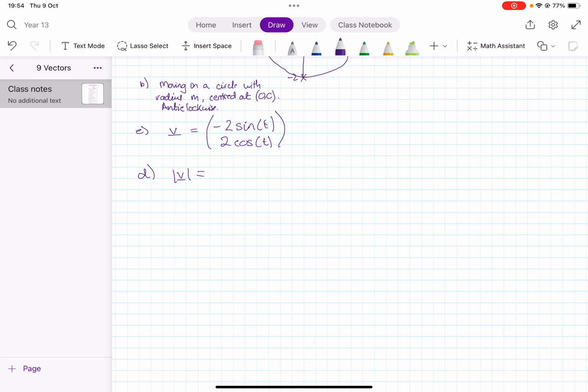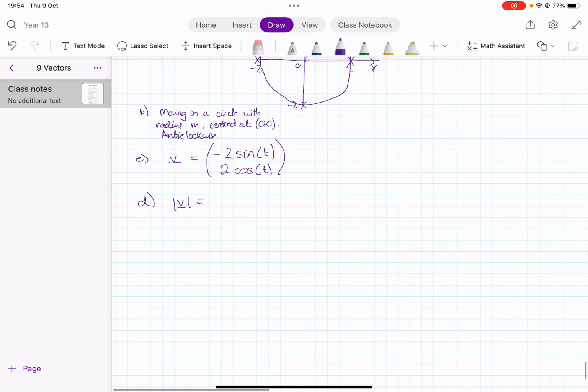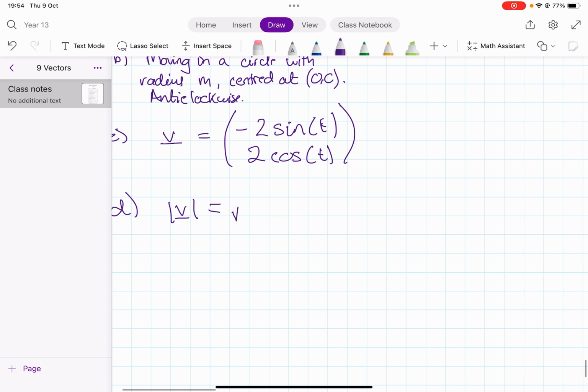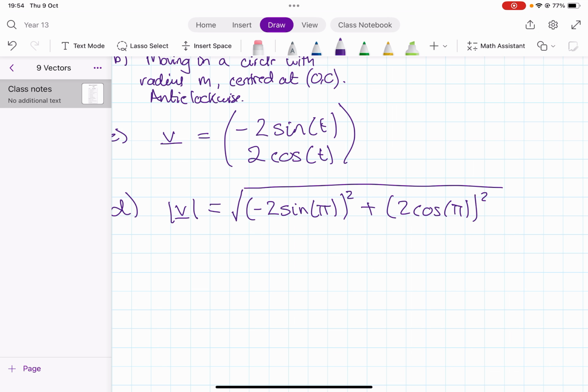I would like time to be pi. So maybe I'll try and do both these things at the same time. I'm going to apply Pythagoras' theorem, and I'm going to substitute in time equals pi: negative 2 sine pi, squared, plus 2 cos pi squared, all square rooted.